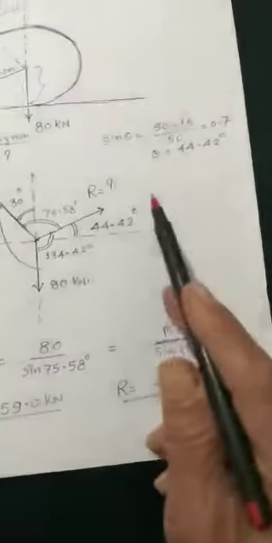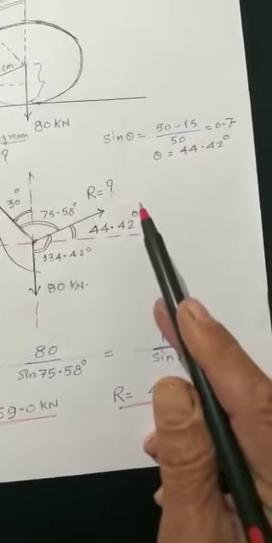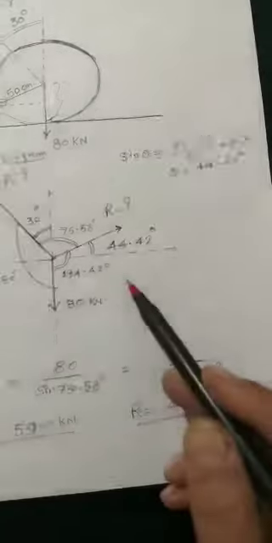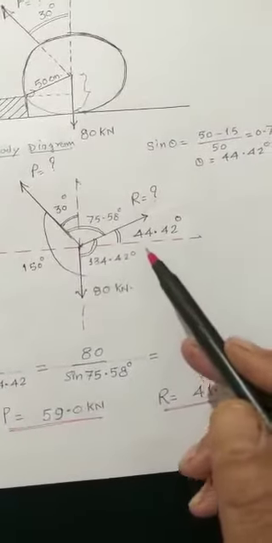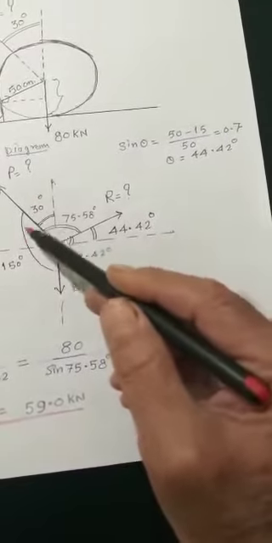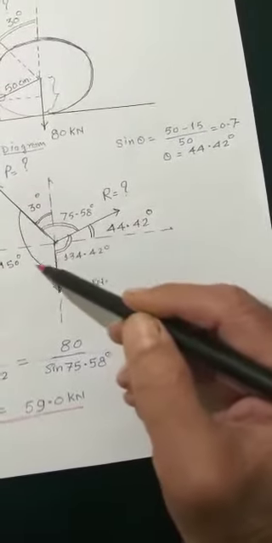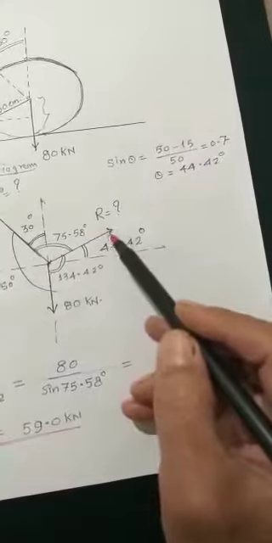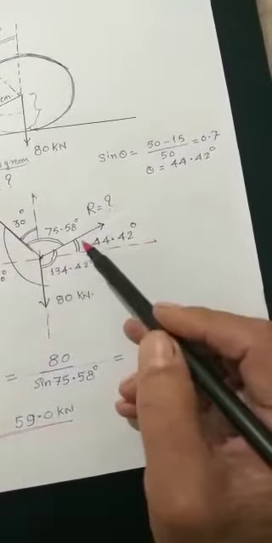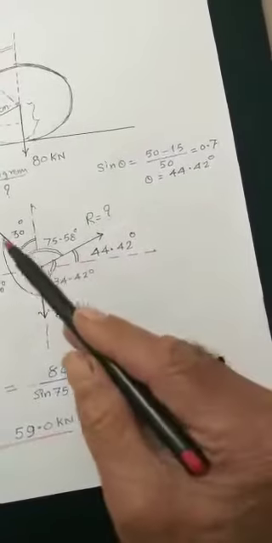When this angle is known, I think the rest of the angles can be very easily calculated because this is a 180 line. This angle 30 is given, so you can calculate this angle. This angle is given 44.42. This is 90. You can calculate this angle. And once you know this angle, you know this angle.